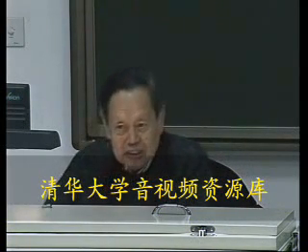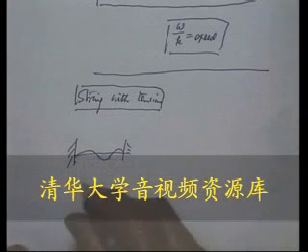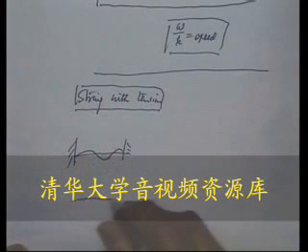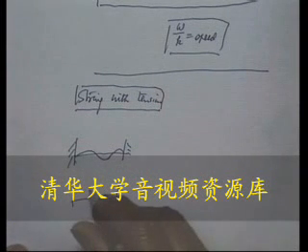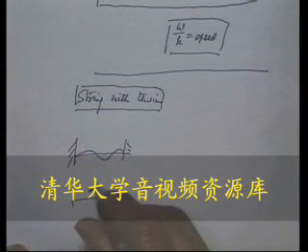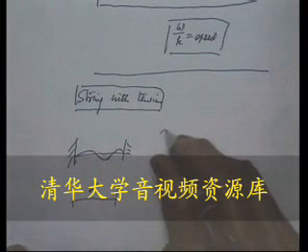So we are going to analyze this problem, and we look at the one particular. This is the string, this is the original position, and now we look at the segment of it. The string has a tension, which is tau.